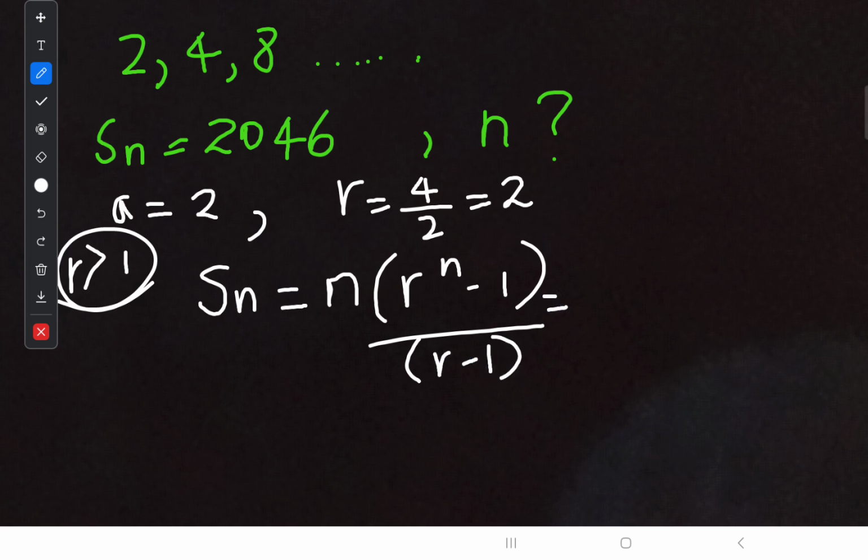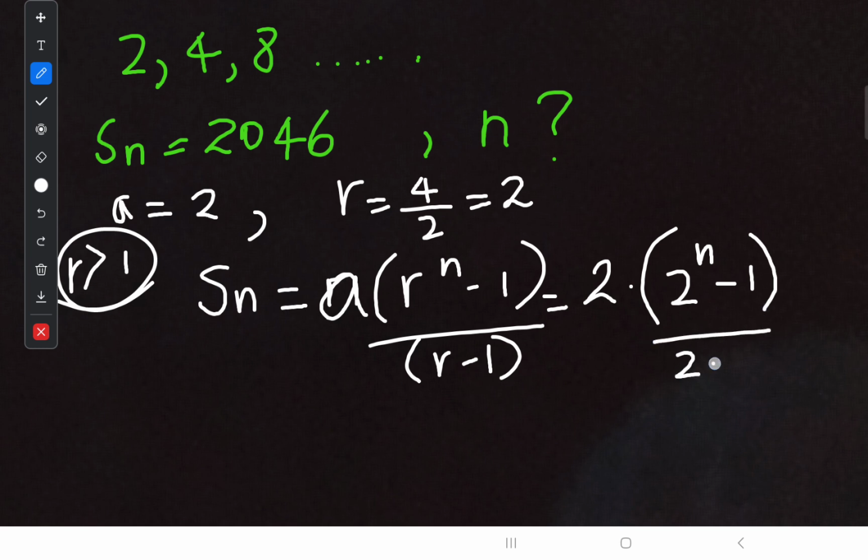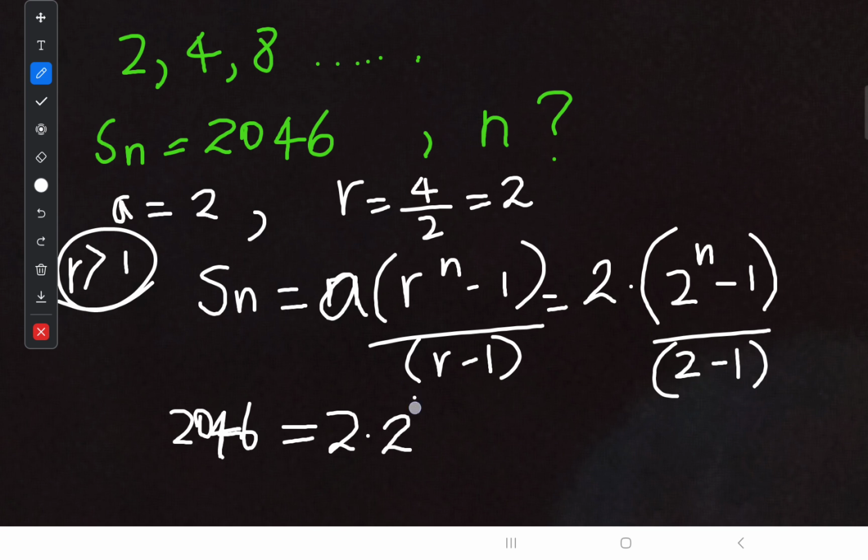So a is 2 and r is 2: 2 power of n minus 1 upon 2 minus 1. Then Sn equals 2046, that equals 2 into 2 to the power n minus 1. In the denominator, 2 minus 1, it's 1. So we can write it like this.